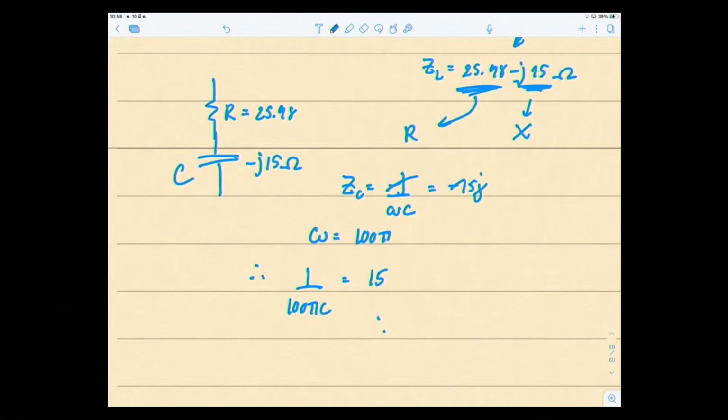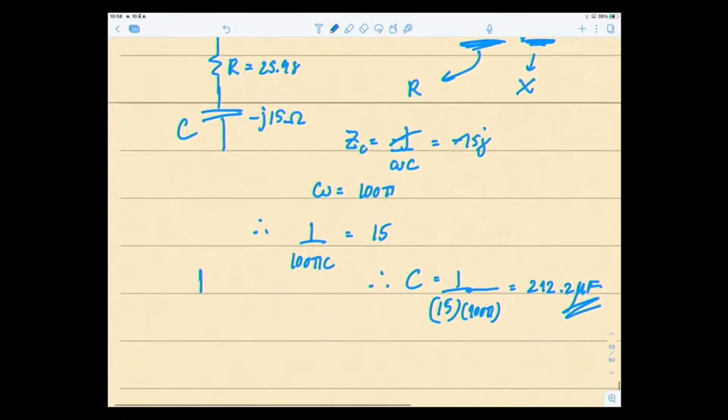Therefore, your C is equal to 1 over 15 times 100 pi, equal to 212.2 microfarads. So the elements connected are 25.98 ohms for R, and the capacitance of 212.2 microfarads. And that's the answer.